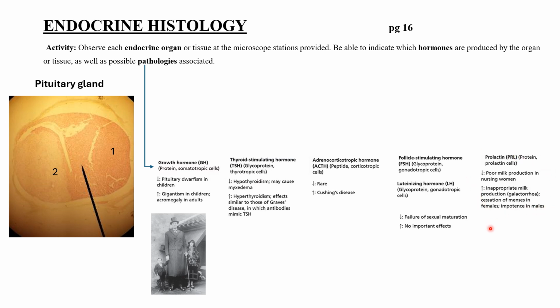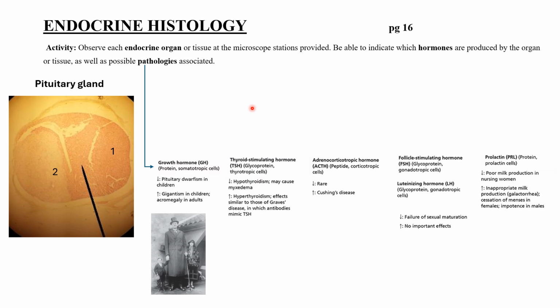Now over here I want to again clarify a term. There are some tropic hormones, and then there is another term, trophic hormones. So what are tropic hormones? Tropic hormones are the hormones which regulate the secretion of other hormones. All of the hormones of the hypothalamus which act on the anterior pituitary are tropic hormones.